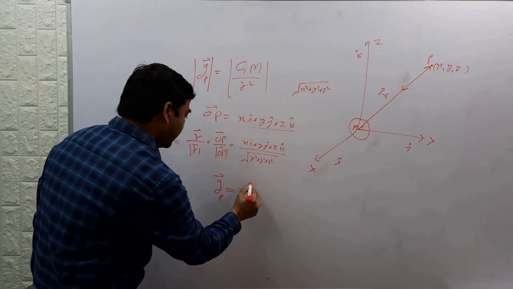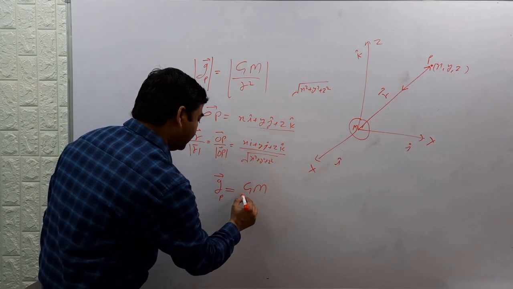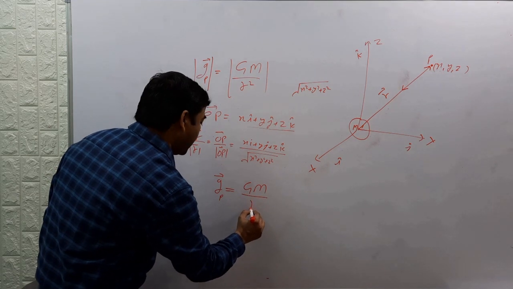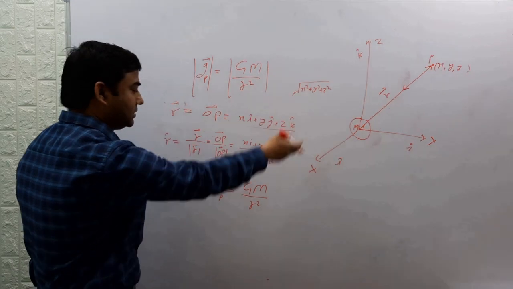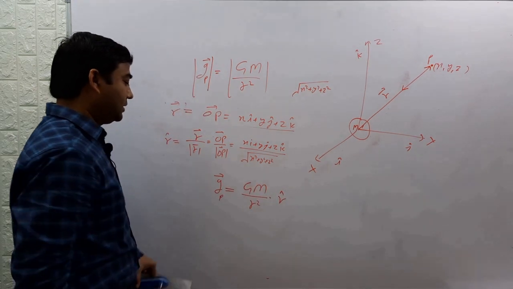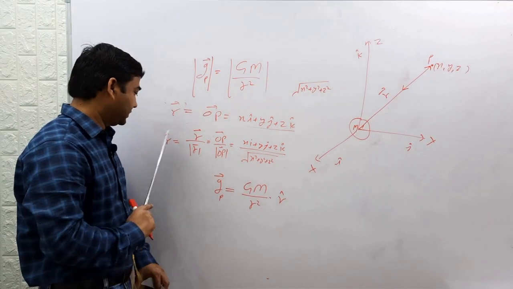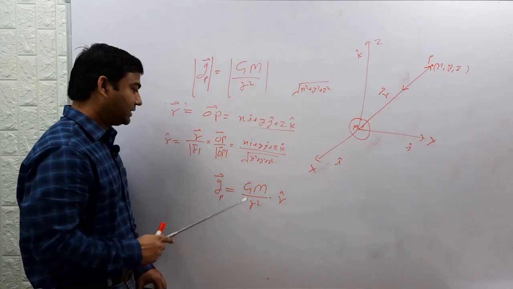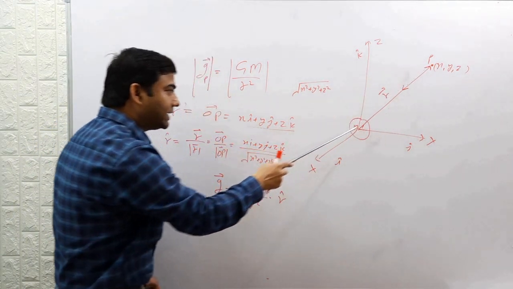G at P is Gm divided by r square, r is the distance, into vector r. This is the unit radial vector.